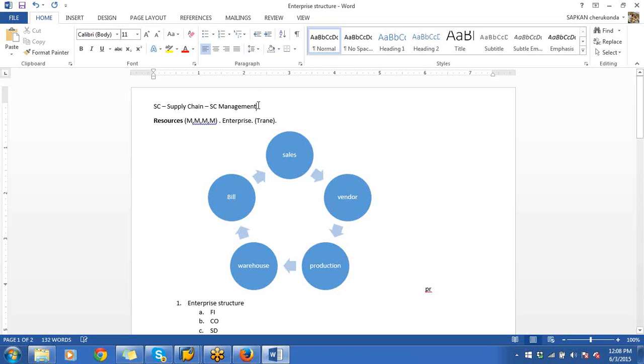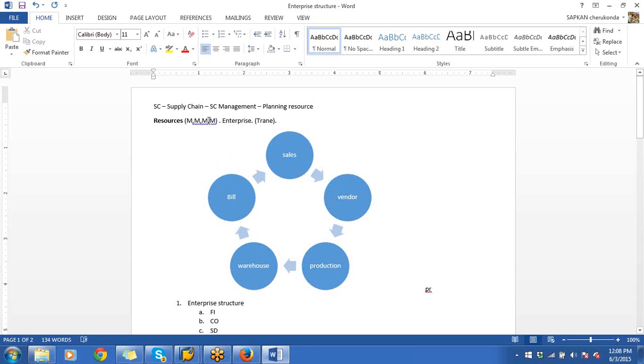Okay, how do you manage them? You need to plan your resources. Management is nothing but planning resources. The resources are manpower, machine power, money, material.